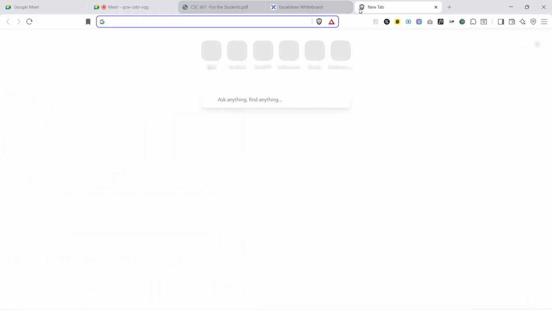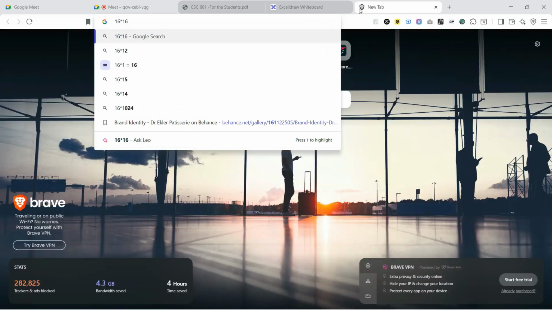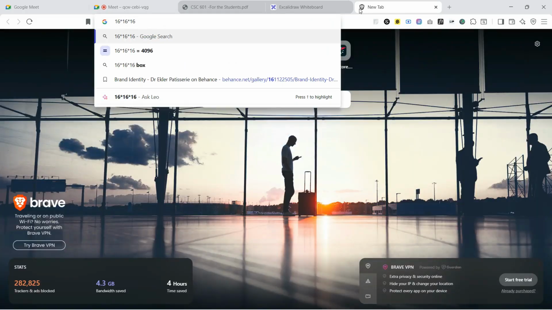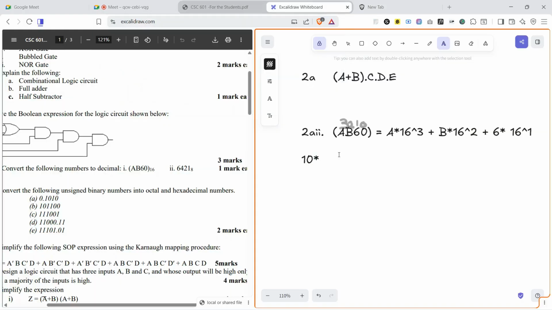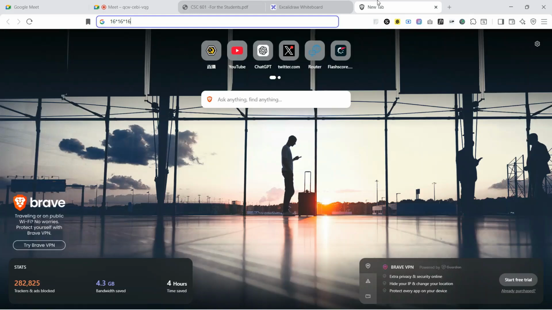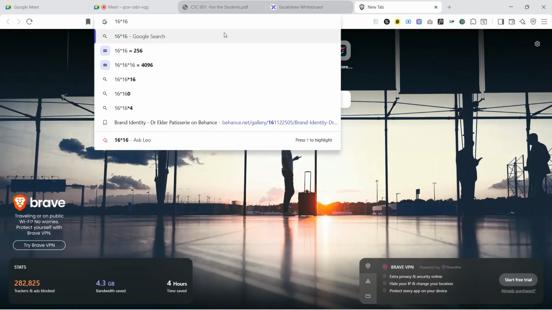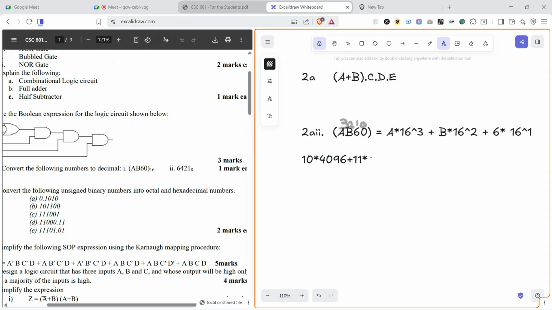That's 16 times 16 times 16, which is 4,096. So that's 10 times 4,096 plus B, which is 11, times 16 squared. 16 times 16 is 256.